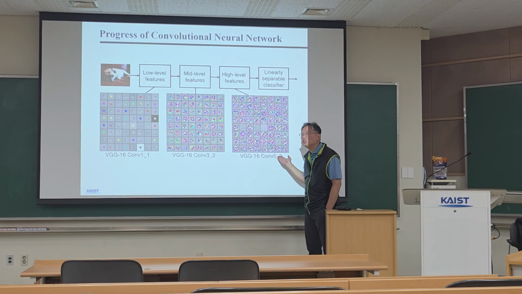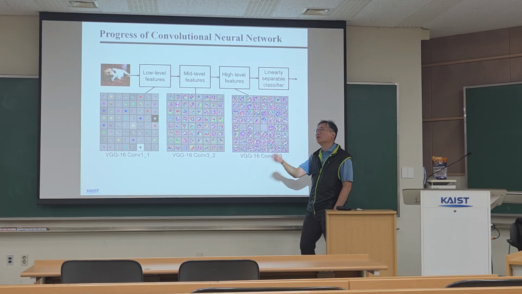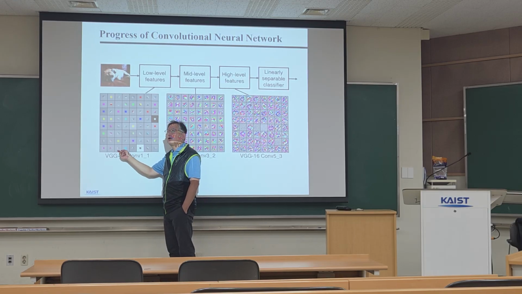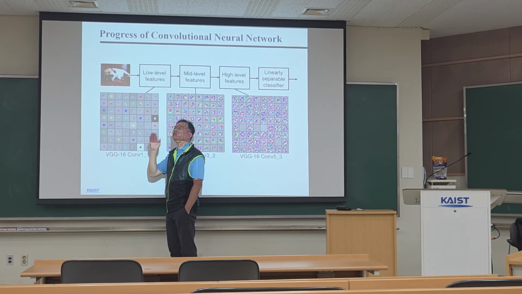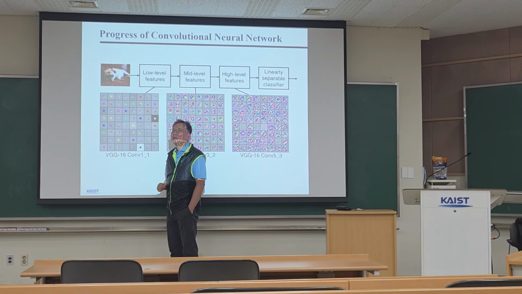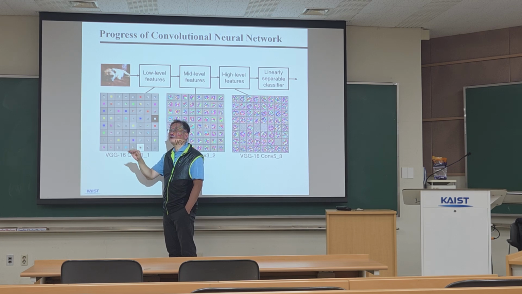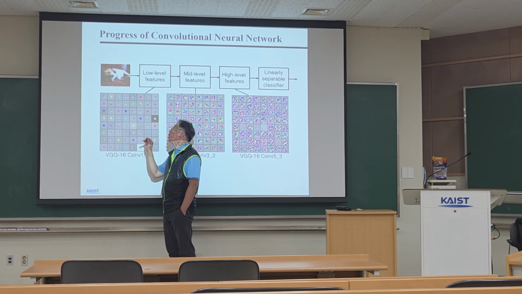How do you get these features? What would be a good answer? How do you get a feature like this? Once you've trained it, you trained it so that from the output feature, you can do classification fairly accurately.